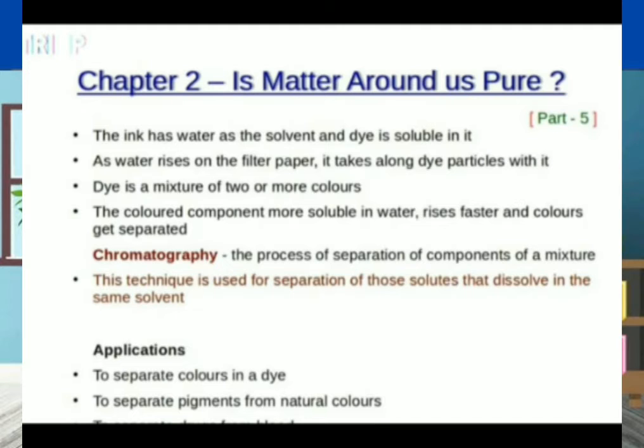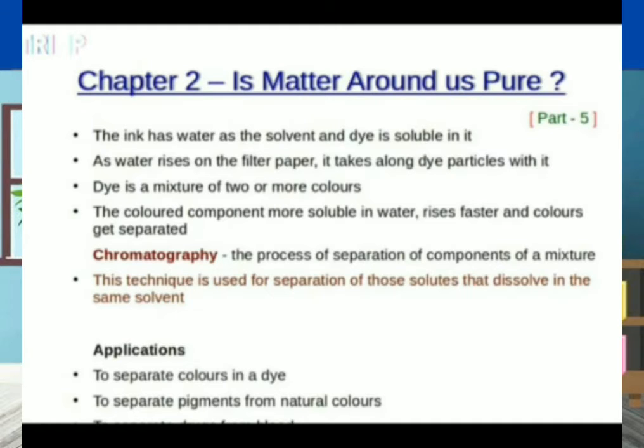As water rises on the filter paper, it takes the dye particles along with it. Dye is a mixture of two or more colors. The colored component more soluble in water rises faster and the colors get separated.